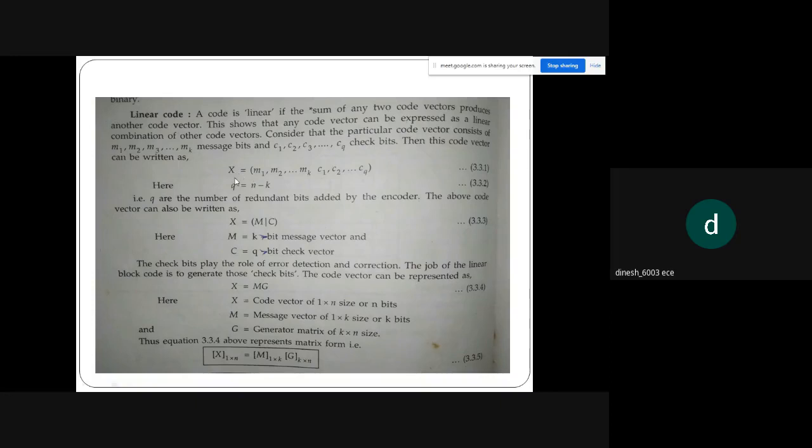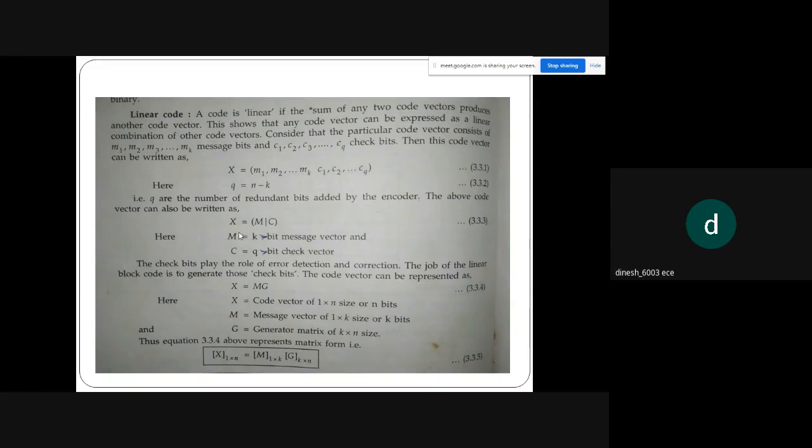X is represented by M and C, the message bits and the check bits. M represents the messages of k bits, whereas C represents the check bits, given by MP.